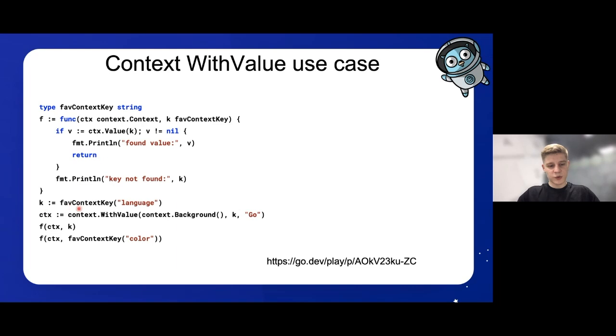So for instance, we created the key language, and we used this value, context background, added the key with value Go, as far as we use the same key. And yeah, we were able to put this value inside, and we send this context inside of the function, and we check that this value is actually located in the context by key and printed it.